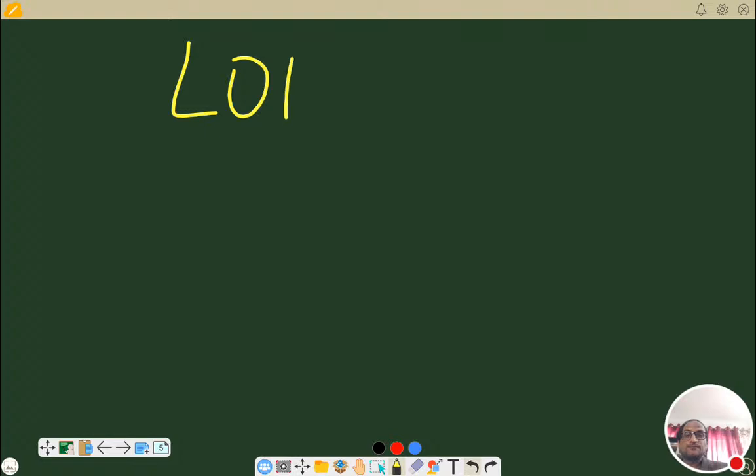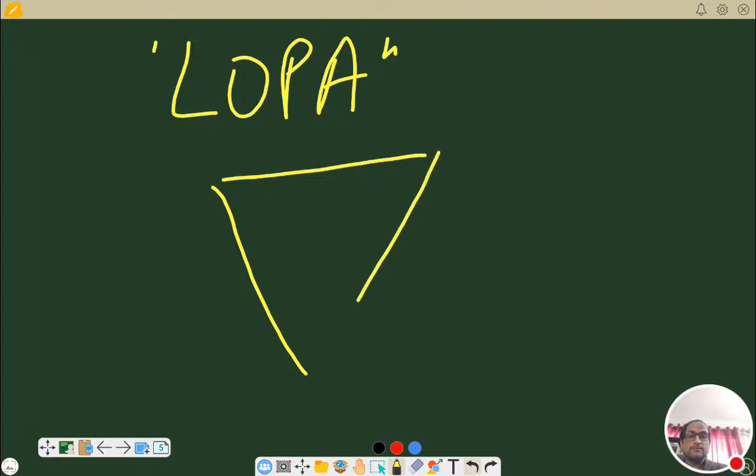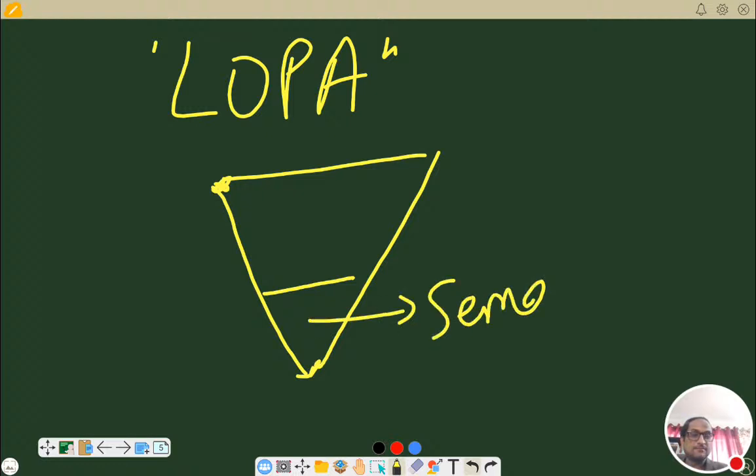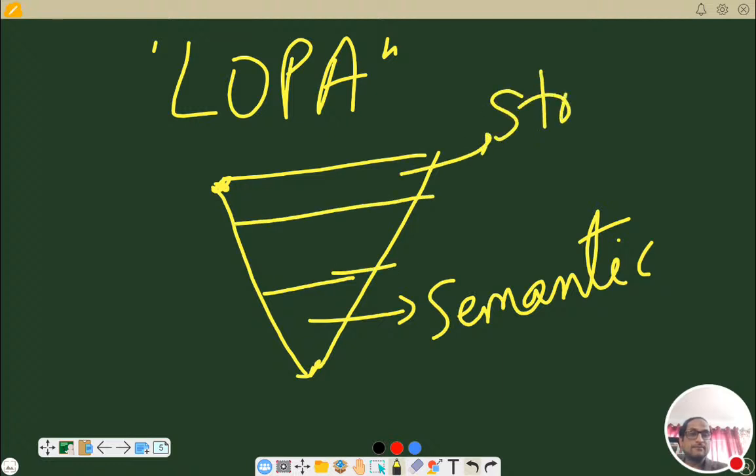LOPA, levels of processing approach. You will retain most of the information when you are covering this semantic level, not the structural, neither phonetic.